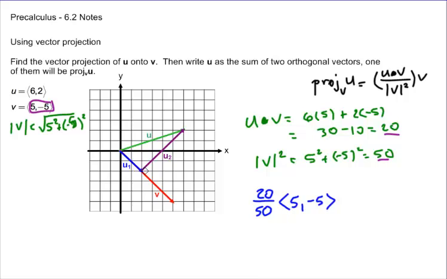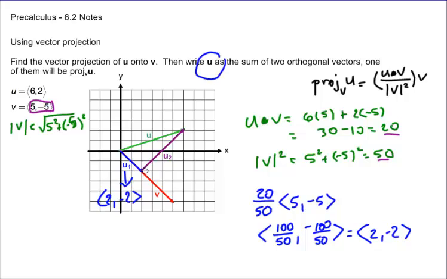That is going to end up being 100 divided by 50 and negative 100 divided by 50, which is the same thing as 2, negative 2. So there's my vector projection. That's this guy right here. This is the vector 2, negative 2.